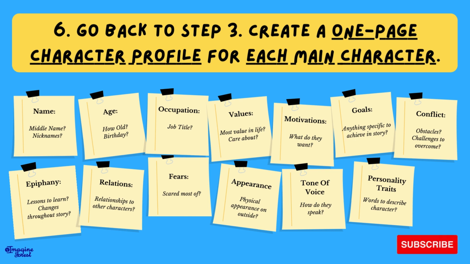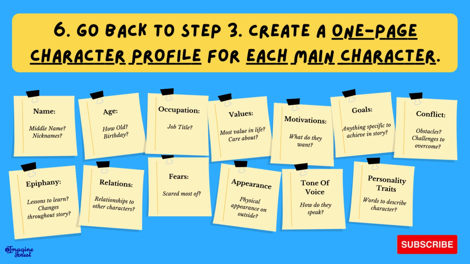What motivates them to do something? Goals, is there anything specific they want to achieve in the story? Conflict, what challenges or obstacles will they face in the story? Epiphany, what things will the character learn or how will they change throughout the story? Relations, are they related to other characters in the story? Fears, what is this character most scared of and why?